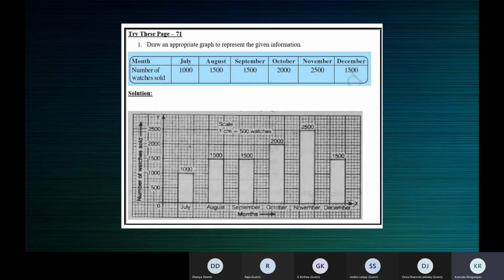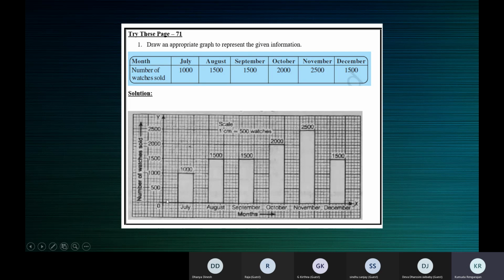Supposing you mark 1000, 2000, 3000, then the bars will be too small everywhere. So you consider the different options available and you have to decide on something which will be suitable for the values given here.